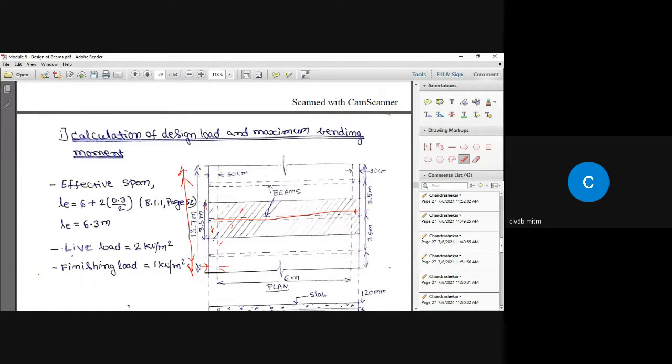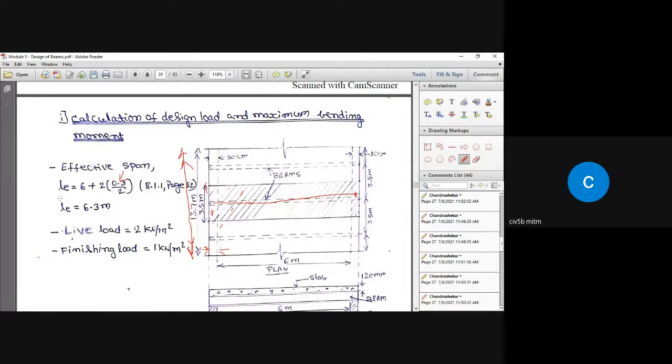So the effective span LE is 6, that is the clear span, the internal dimension of the hall, plus 2 times 0.3 divided by 2, where 0.3 is the thickness of the support or the thickness of the wall. Finally, after doing the calculation, we got the effective span equal to 6.3 meter.